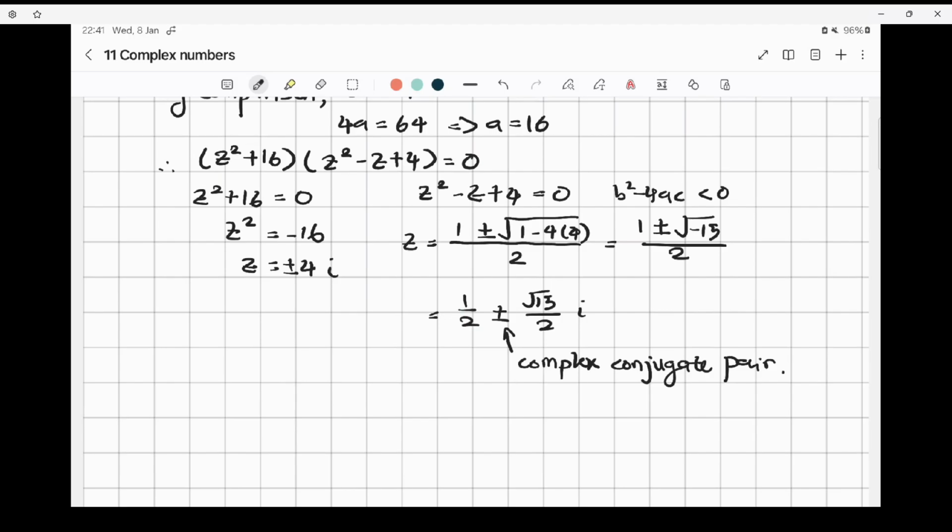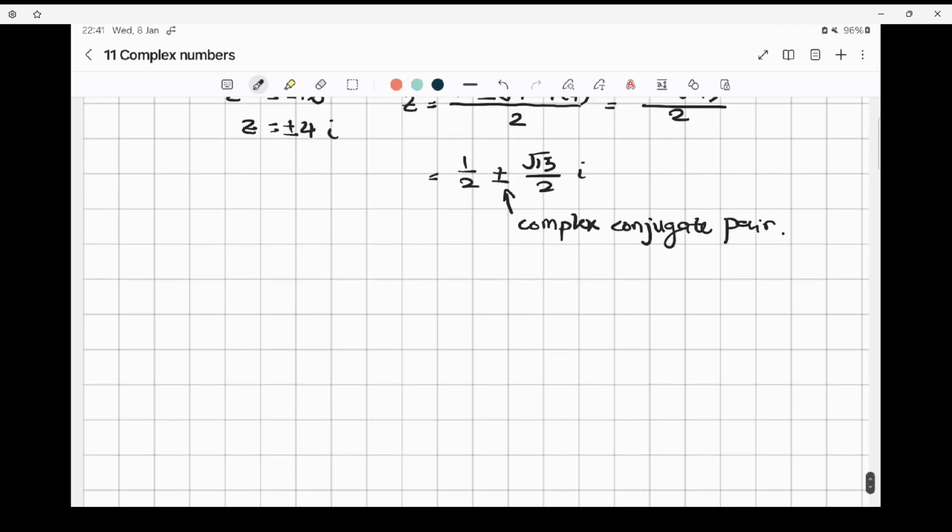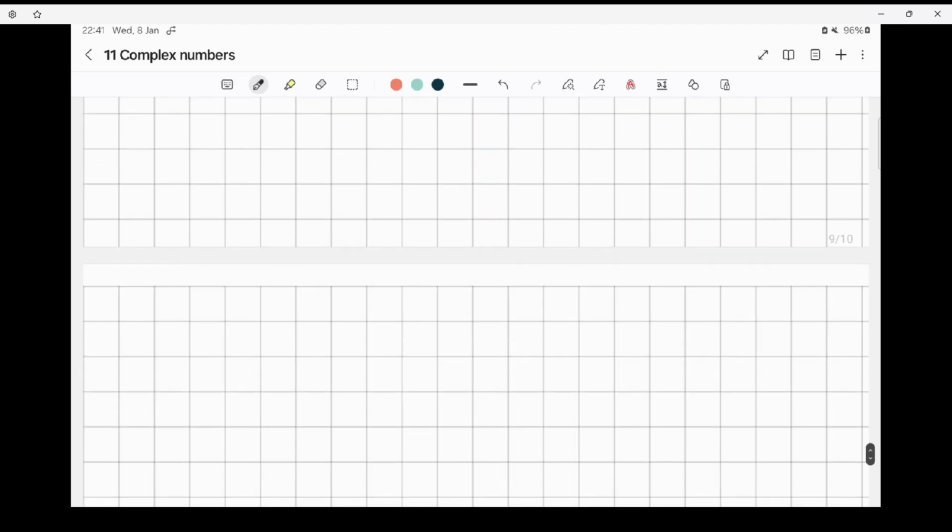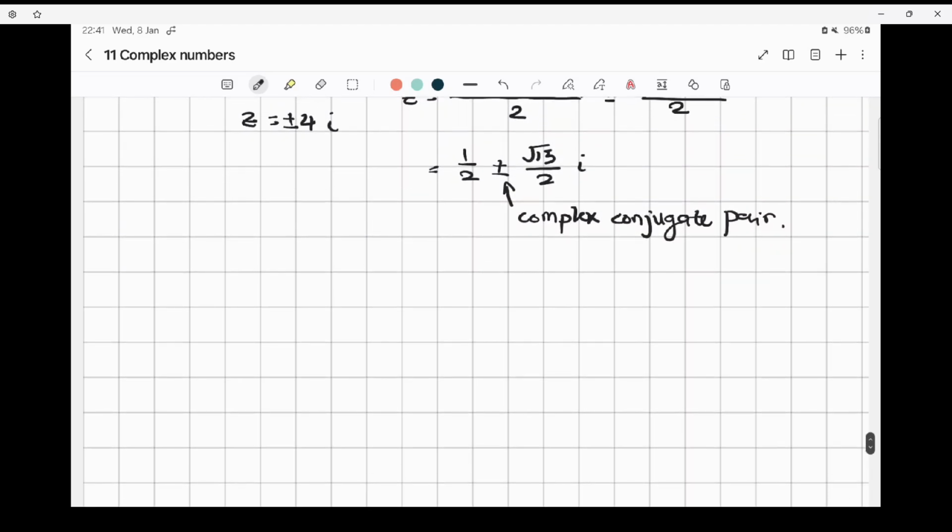Okay, so after looking at this particular example, the next thing that we want to define is the square root of a complex number. Really, there are two ways to do it, so I will show both ways, and then I will also show how they are equal.